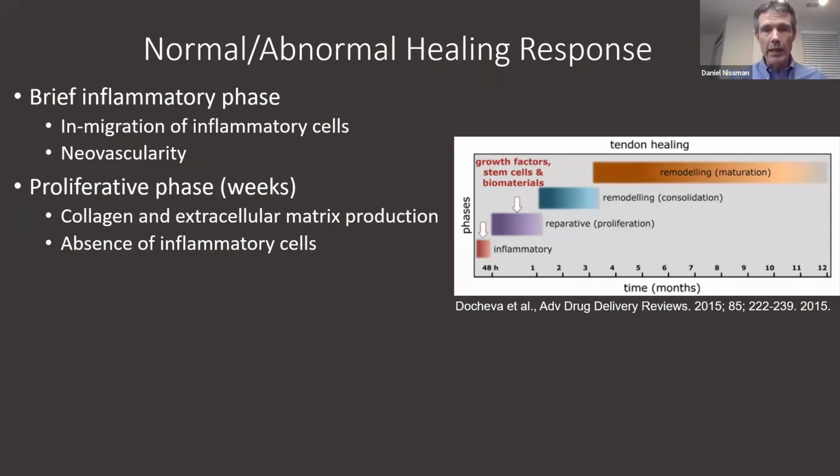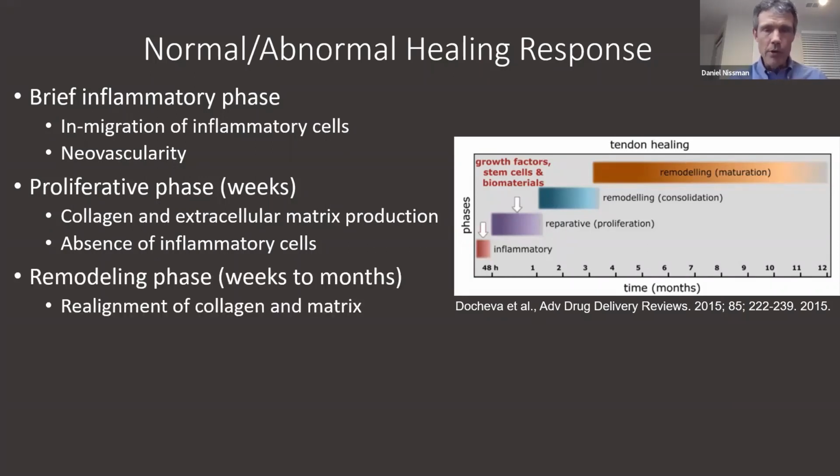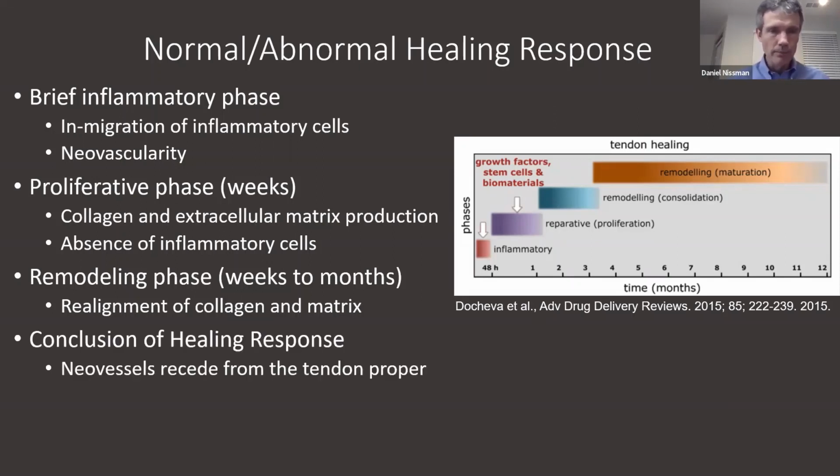And then importantly, in this and all the remaining phases, there are no inflammatory cells. Then we enter a remodeling phase, where those chaotically deposited collagen fibers are realigned. This is the phase where you realign all of the collagen and matrix into a functional unit. And then at the conclusion of the healing response, the neovessels that started to grow in the inflammatory phase recede from the tendon proper.